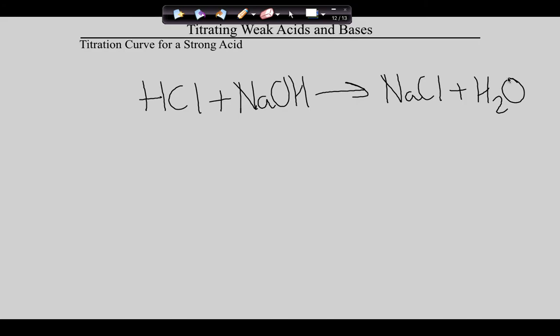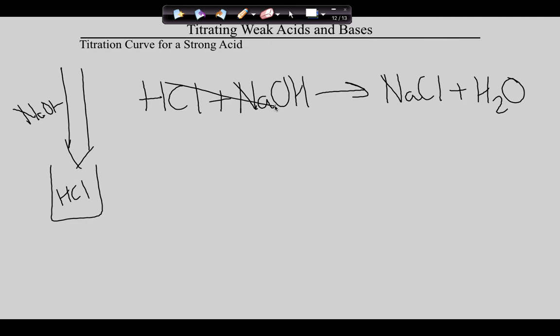If we are titrating HCl with NaOH, as we add the one to the other, when we hit equivalence, all the HCl has been neutralized. All of this is gone. All we have left is this. And what does Na or Cl ion do to water? Nothing. They are the children of the strong acids and bases. This does no chemistry with water, and consequently the pH is 7.